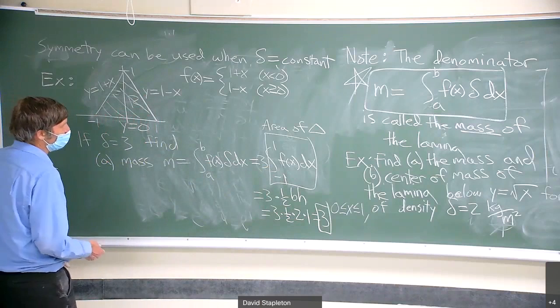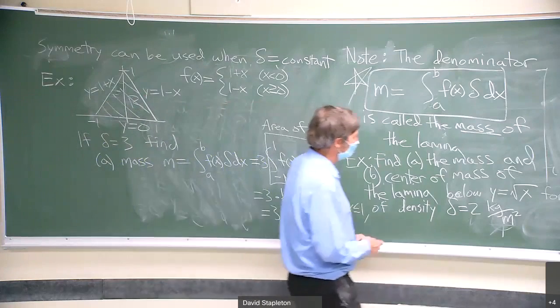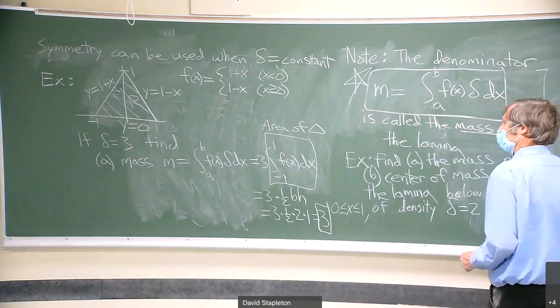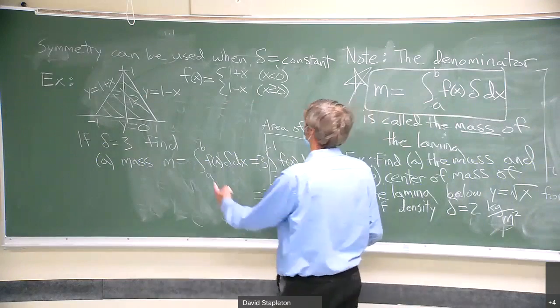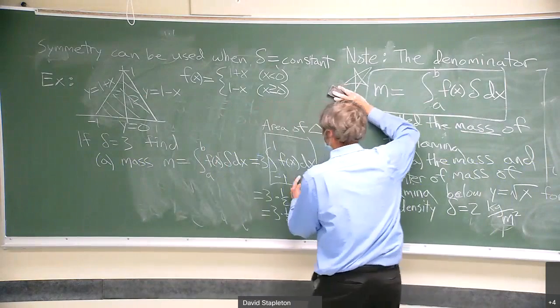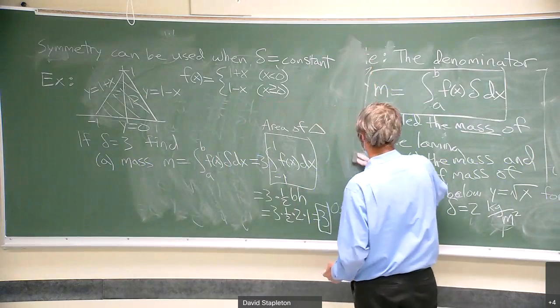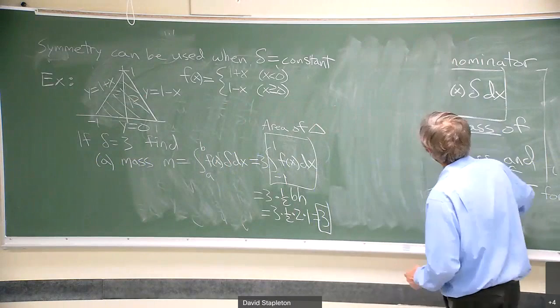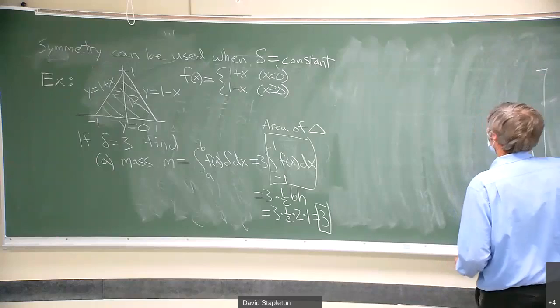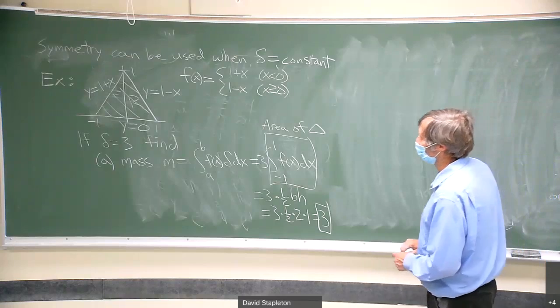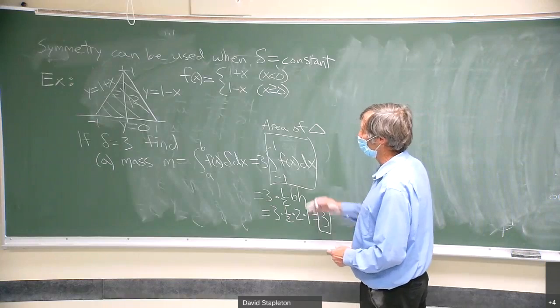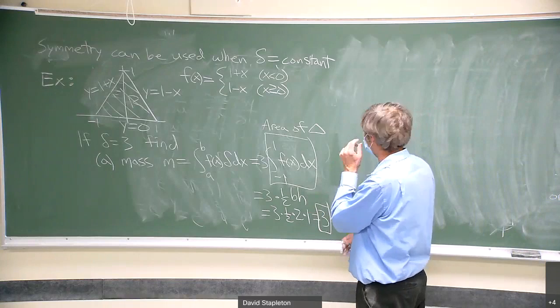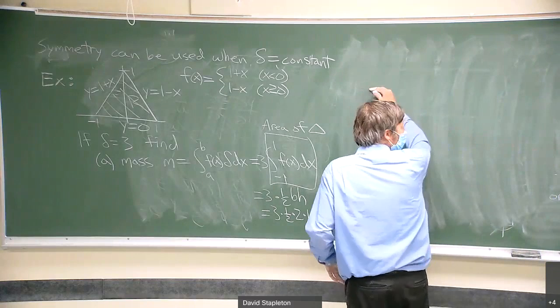All right, so there's the mass computed, not by doing a complicated integral, but just realizing, oh, it's a triangle, 1/2 base times height. When this is a constant, you can always pull it out like that and save yourself a lot of trouble with the integration, right? So that's the bottom of both the quotients to calculate x bar and y bar.